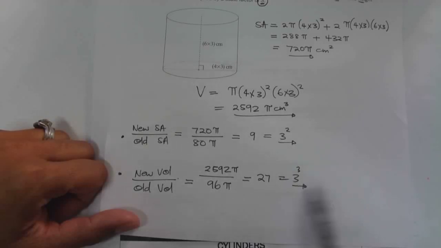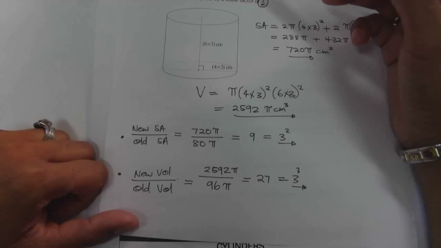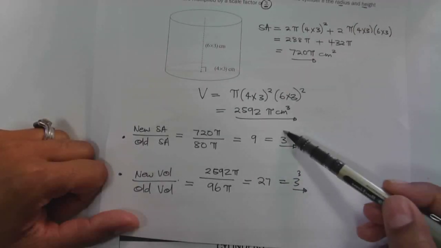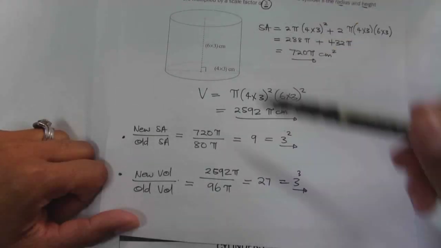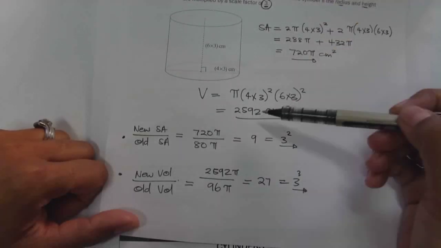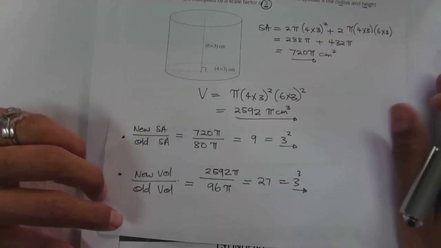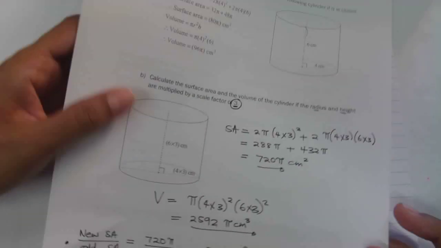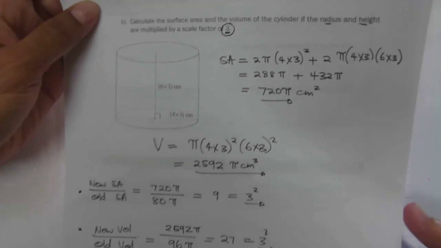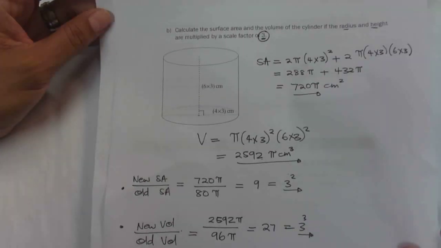And similarly, we can do the same thing where we take the old area and multiply it by 3 squared, we will get the same answer. If we take the old volume and multiply it by 3 cubed, we will get this answer. So the table again helps if you remember the basic rules about scale factors.